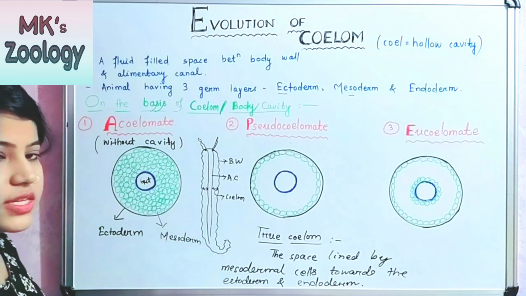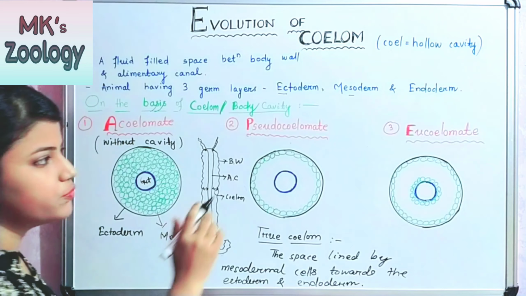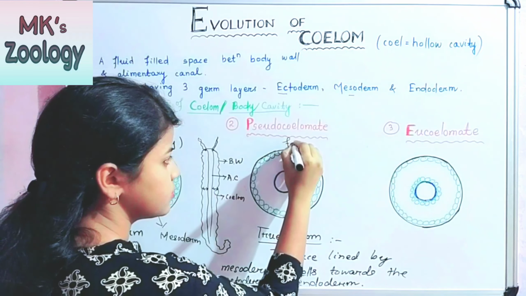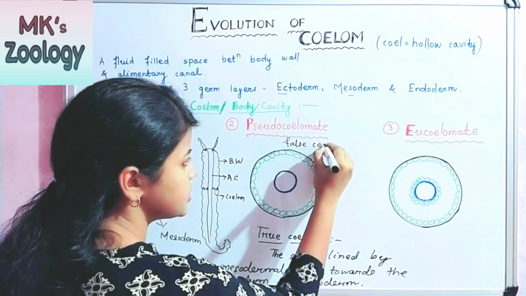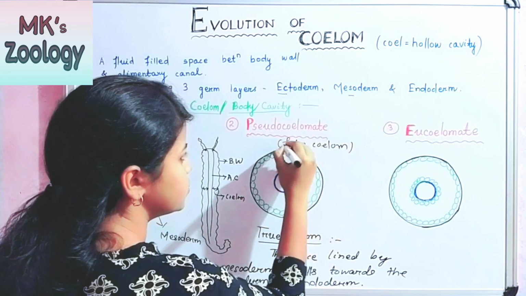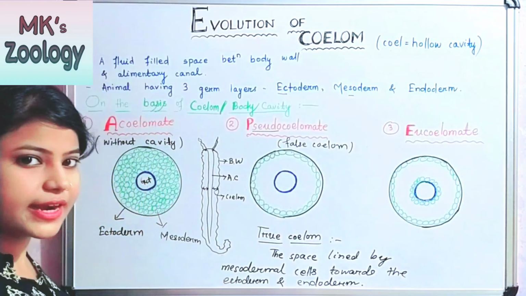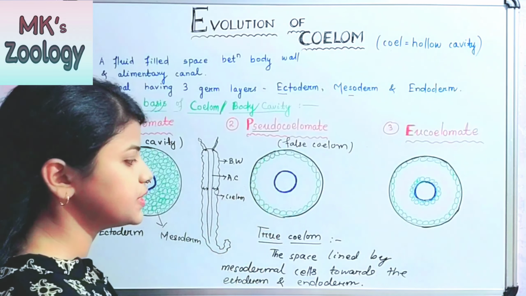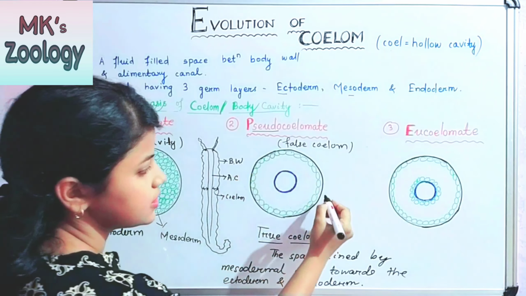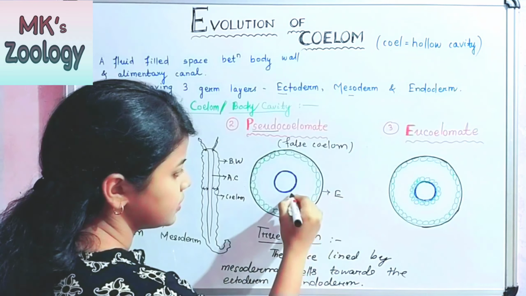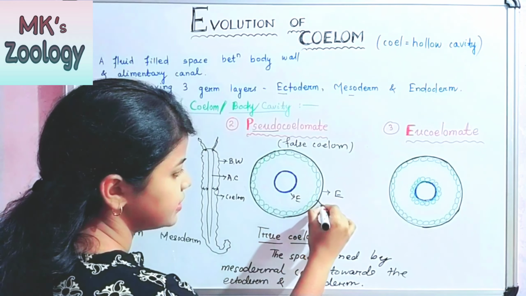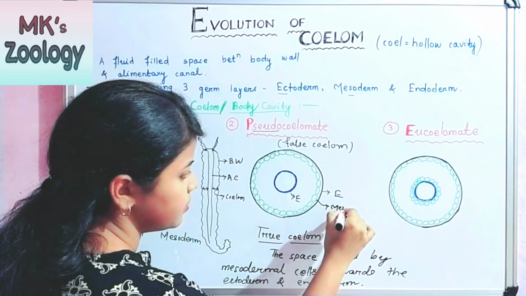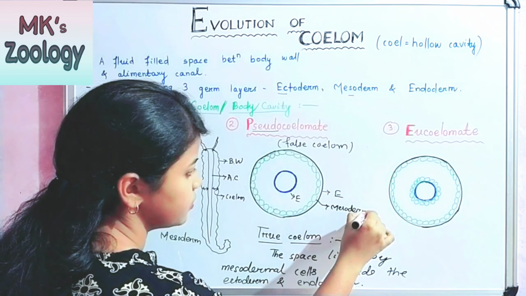The second one is pseudocoelomate, which means false coelom is present. Pseudo means false, that is why it is known as pseudocoelomate. False coelom is present here. Let's see this. This is ectoderm, this is endoderm, and these are mesodermal cells, which is mesoderm.